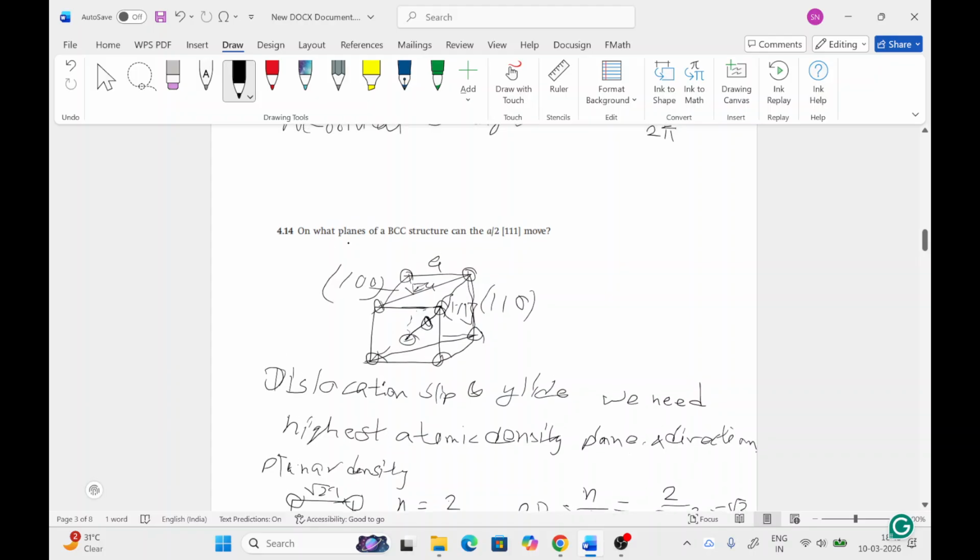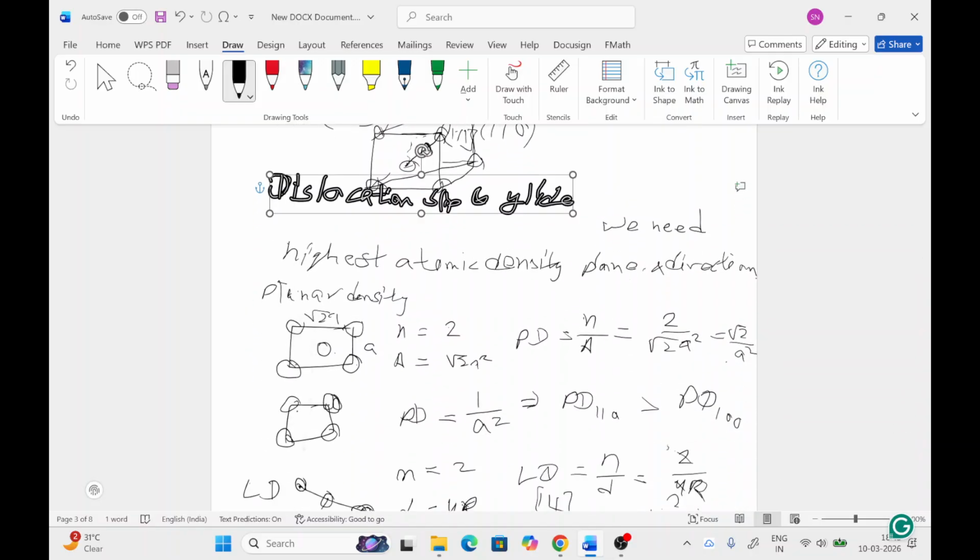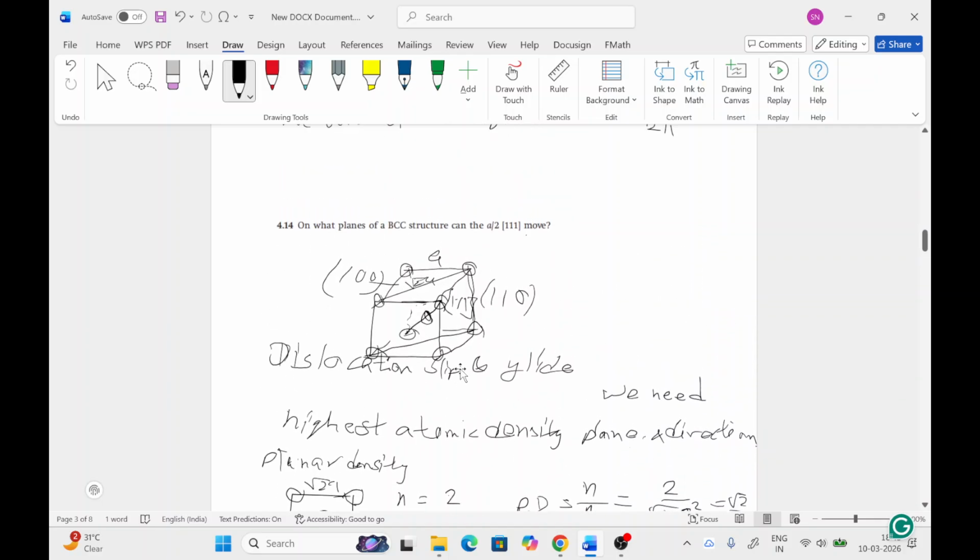So on what planes? The Burgers vector is a by 2 111. A by 2 is half of this distance, meaning this is 111. Half of it means the Burgers vector should travel from this atom to this atom. So along the 111 direction, the shortest lattice translation is a by 2 111.